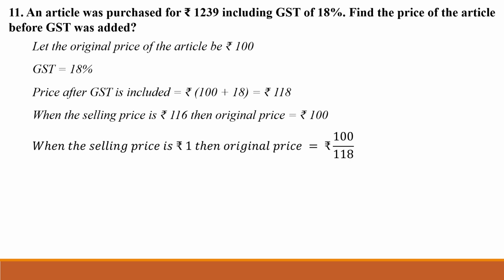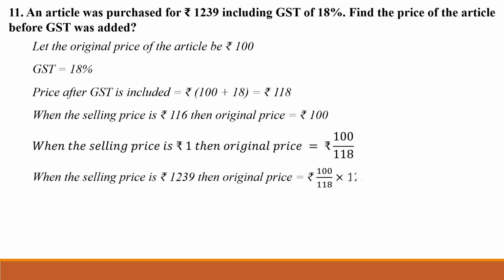In the question it is given that the price of the article including GST is 1239. So when the selling price will be 1239, in that case the original price will be 100 upon 118 multiplied by 1239, and then when we simplify it, we will get the original price of the article without GST as rupees 1050.